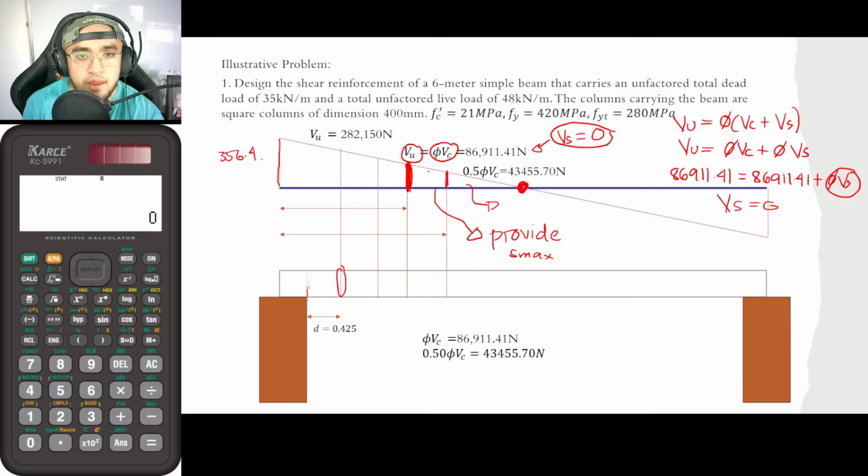I will be naming this as x1 for suppose. So x1 is now equal to, what is the value of x if y is equal to 86,911.41? I will now be typing 86.99141. Take note that I have made use of 86.99141, meaning that this is in terms of kilonewtons.